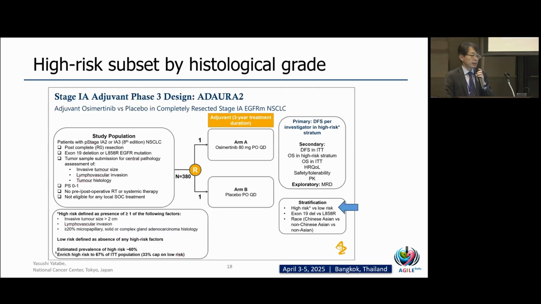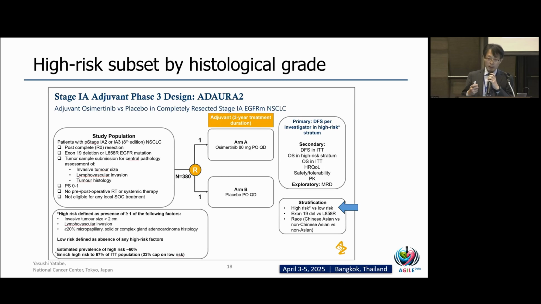And actually, this grading system is used in a clinical trial. This is the study design of ADORA-2. You can see that the histological grading is used for patient stratification, and as a result, some of the patients may have a higher benefit in the high risk group.